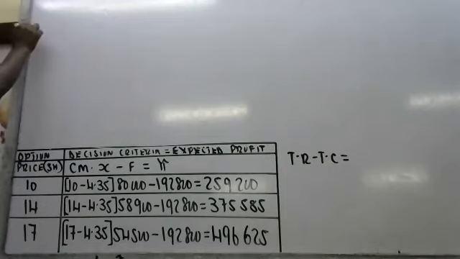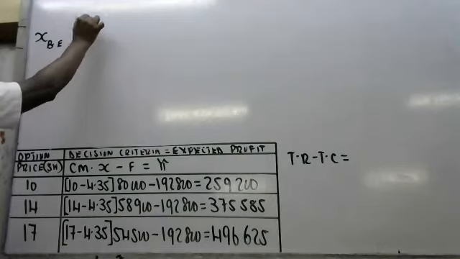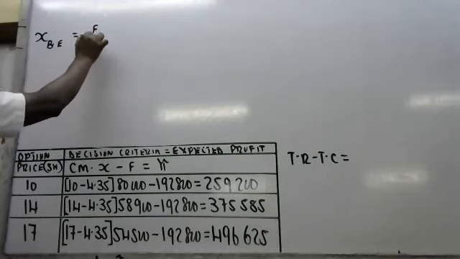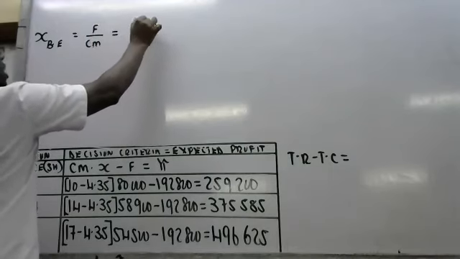Break-even number of units, XBE, we also know so well, it is F over contribution margin. So F is 192,800.